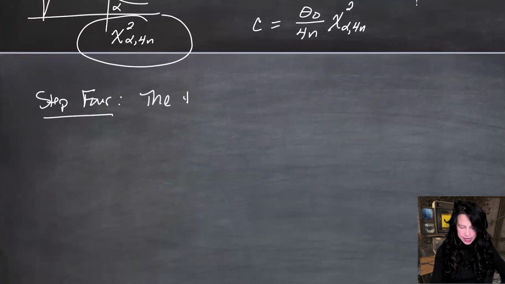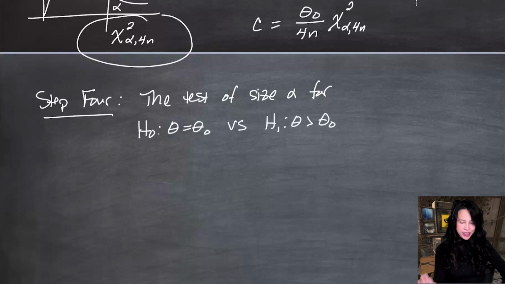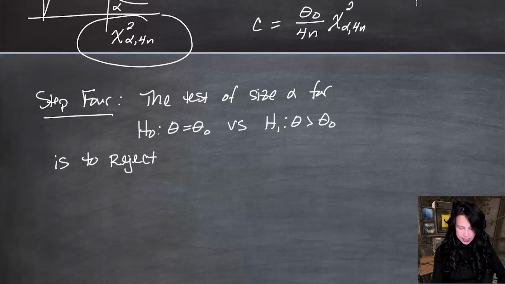The test of size or level of significance alpha for the null hypothesis that theta equals theta naught versus the alternative that theta is greater than theta naught for this given distribution is to reject the null hypothesis in favor of the alternative.